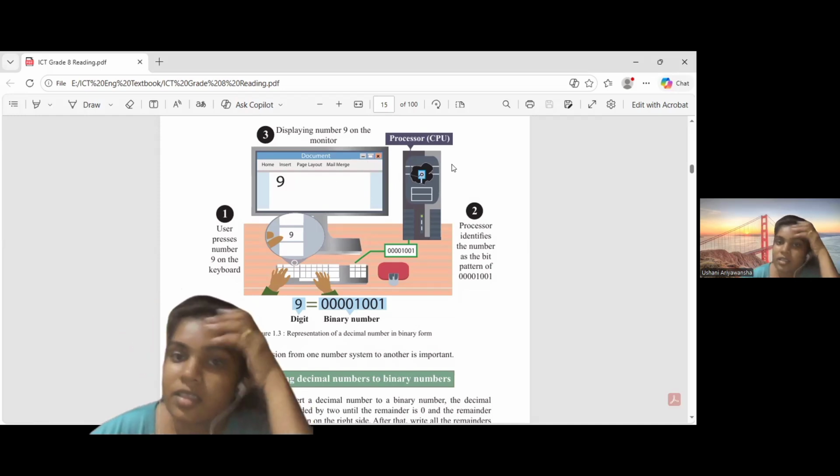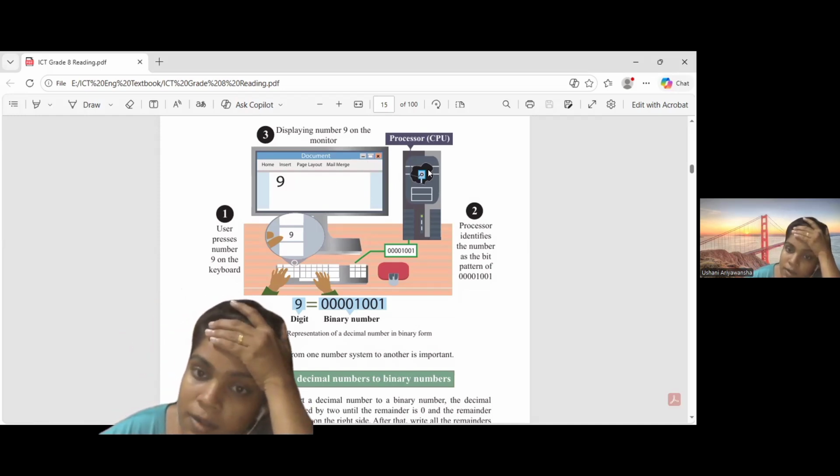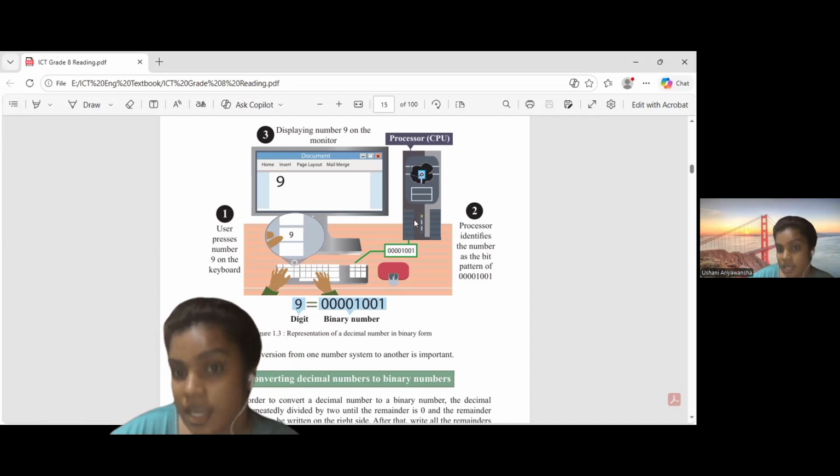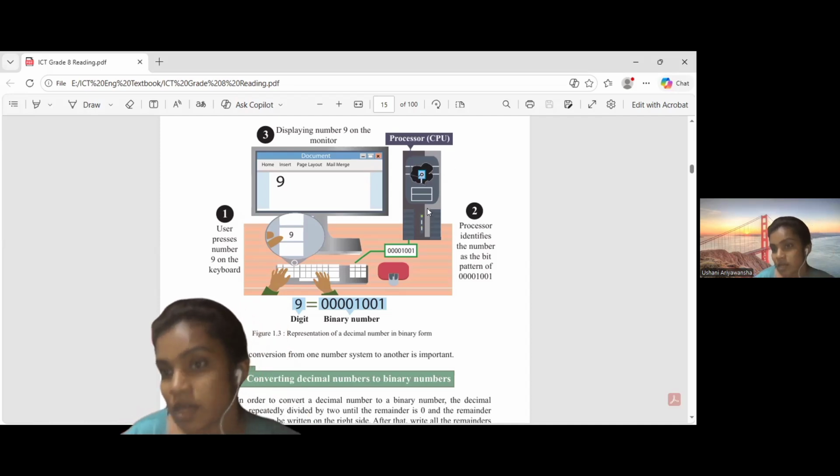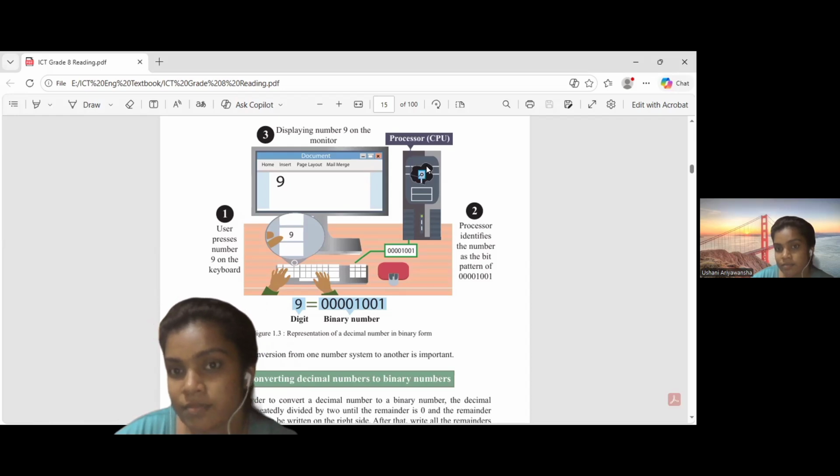So, you can see the CPU is there, right? CPU is in the system unit, right? Inside the system unit, you can see the motherboard. CPU is located on that, right? So, we can't see it outside, right?